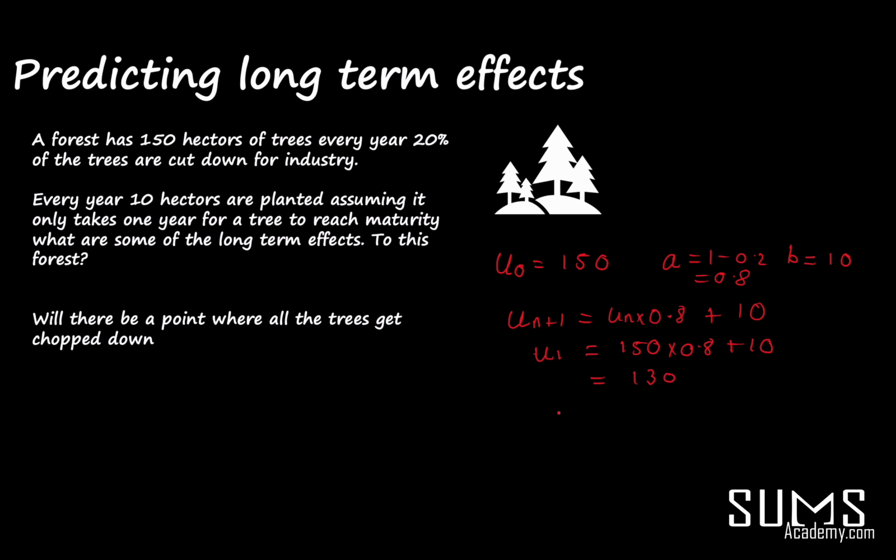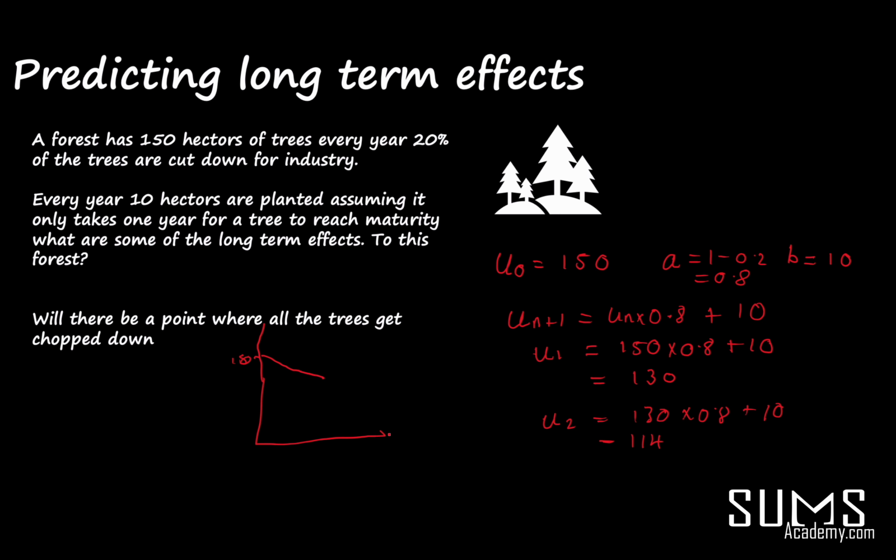Okay, so what about u2? So u2 equals 130 times 0.8 plus 10. What does that give us? That gives us 114. So we can see just roughly that the trend from 150 is going down.